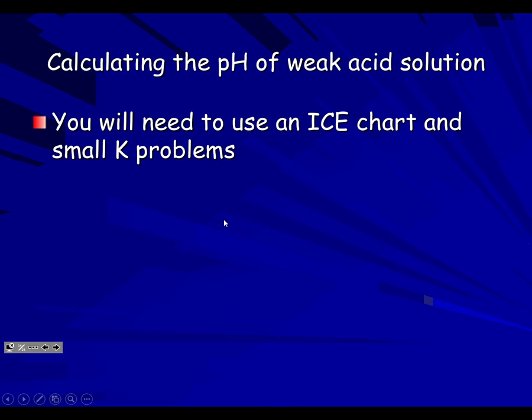This is going to seem really familiar. We're going to use our ICE chart, and we'll be doing small k problems. And typically after you do your ICE chart, your small k problem, it'll actually ask you to calculate the pH of the weak acid, so you'll do a pH problem right at the end.